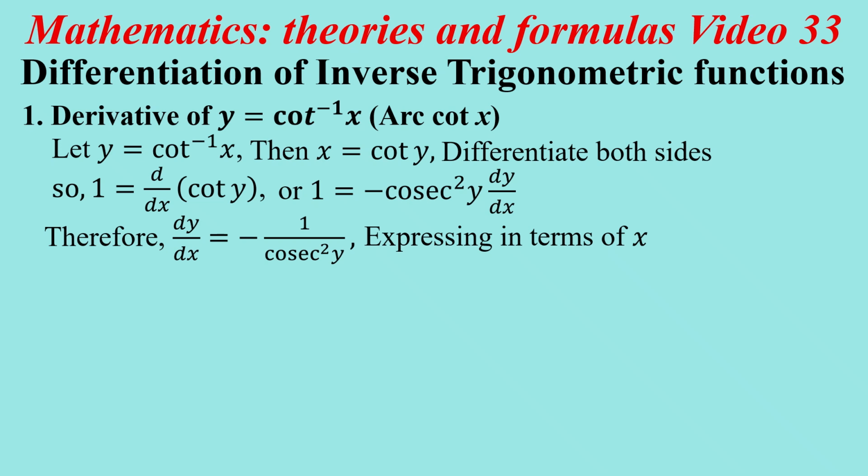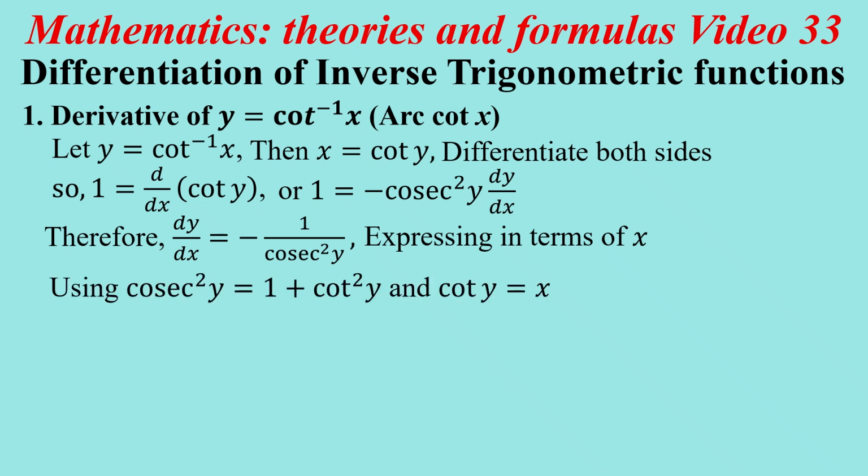Now we will try to express everything in terms of x. So cosec square y has to be converted into x. Since we have cot y equals x, we will correlate cosec square y with cot square y. And we know that cosec square y equals 1 plus cot square y.